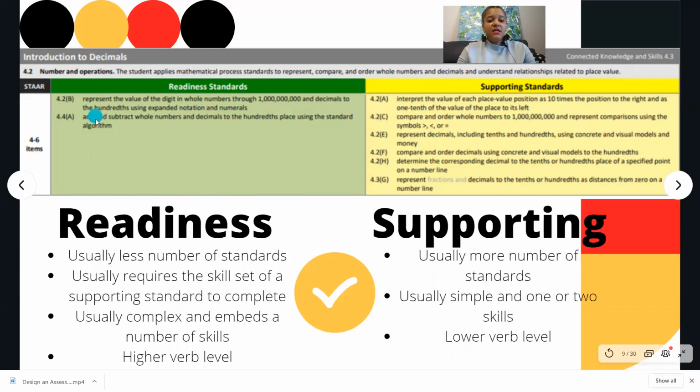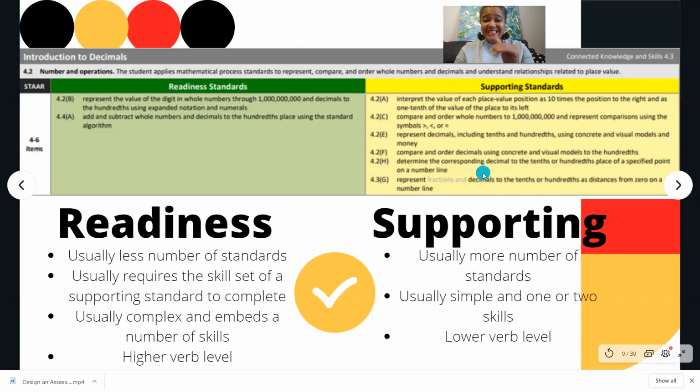What happens is here, you have add and subtract whole numbers and decimals to the hundreds place using the standard algorithm. That's a readiness standard. There's more skills and there's more things to do. However, if you look over here to where it talks about determine the corresponding decimal to the tenths or hundredths place in a specified point, that's a supporting standard.